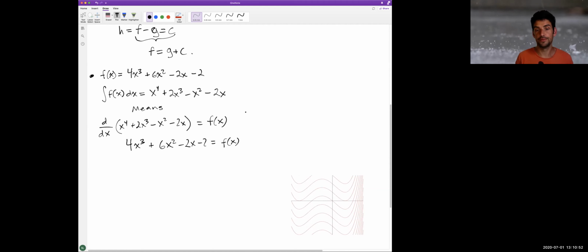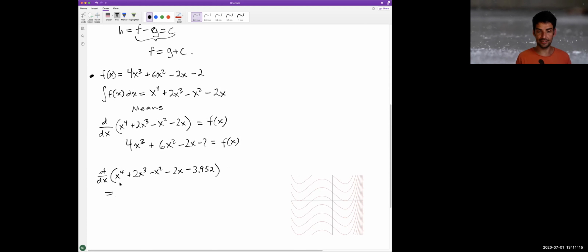Notice, however, that I could also take the following function. Let's do a negative one. I keep putting positive. Minus 3.952. Right?